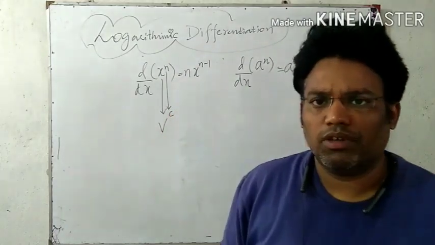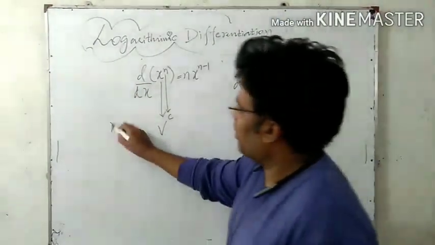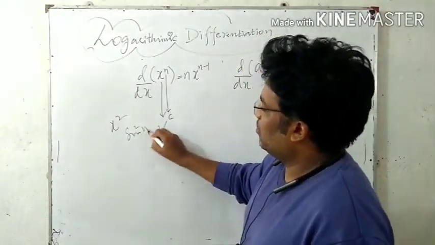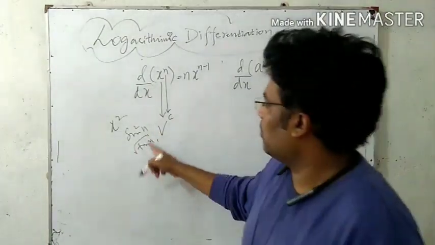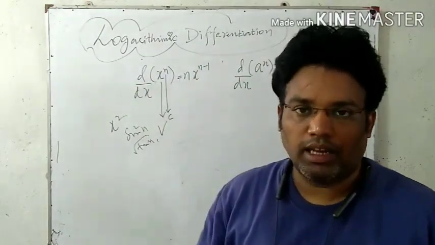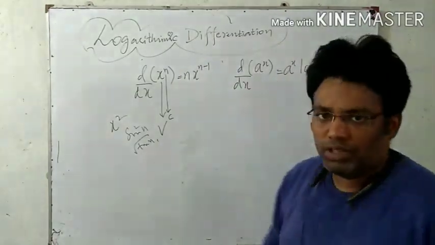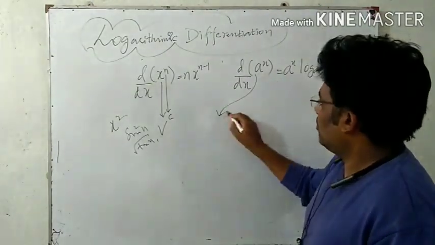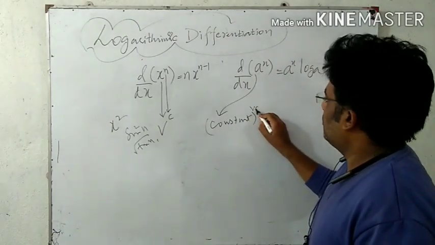Variable to the power of constant, we use x power n. For example, x square, sin square x, root of tan x, which is again tan x to the power of 1 by 2. For all these problems we use that, and even in the last video I explained how to take up these problems. And for a power x, a is a constant and x is a variable.